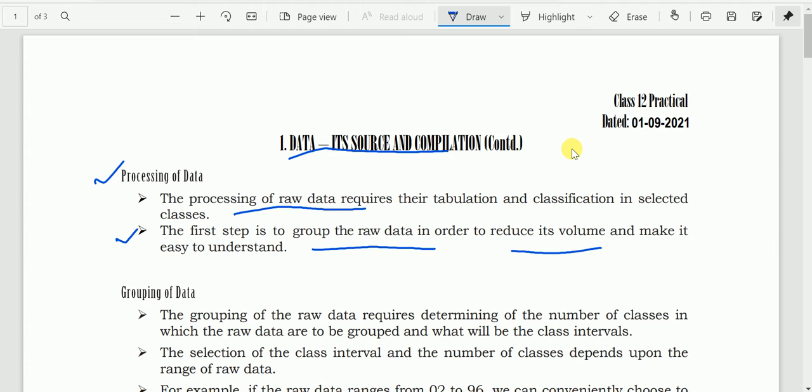When we present the raw data of, say, sex ratio or literacy, we may not be able to understand it easily. But after grouping and classification of the data, we can easily understand it. After reading this classified data table, we will easily understand.